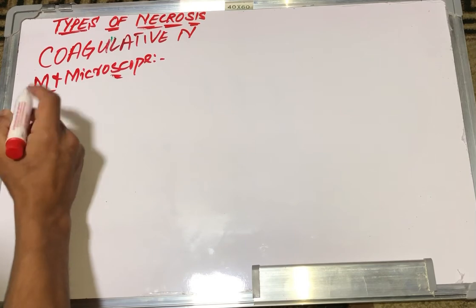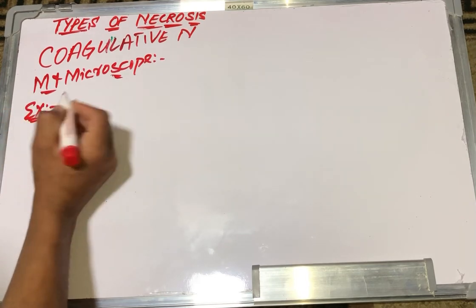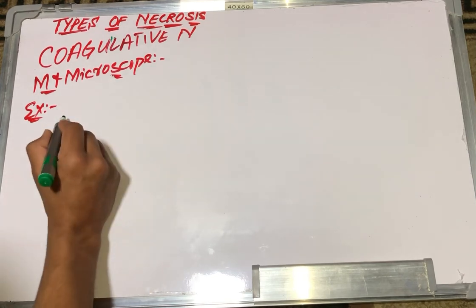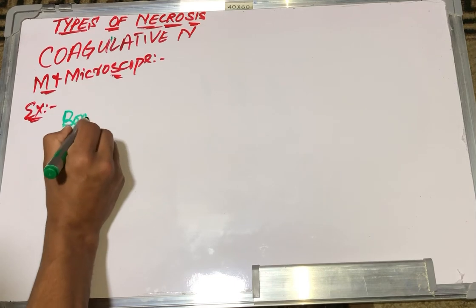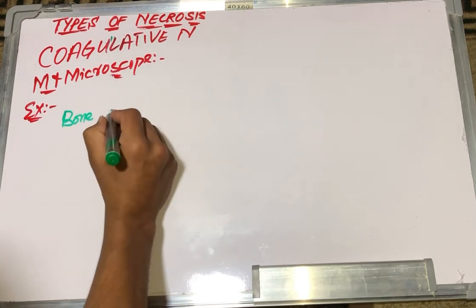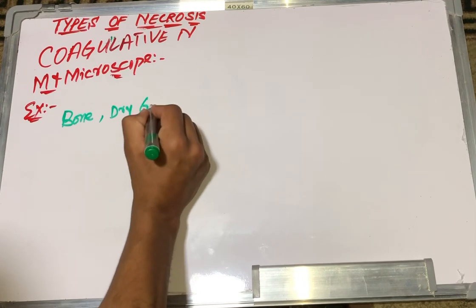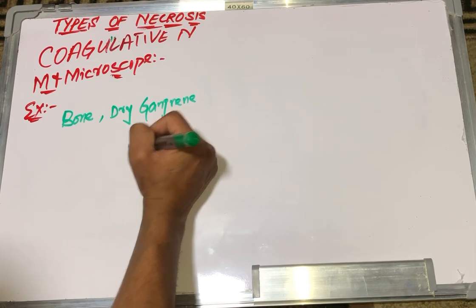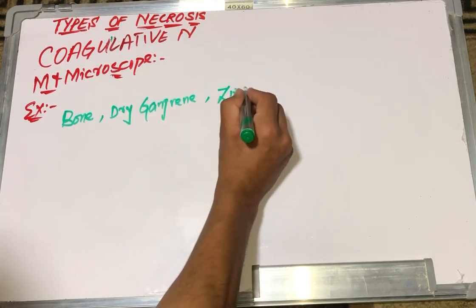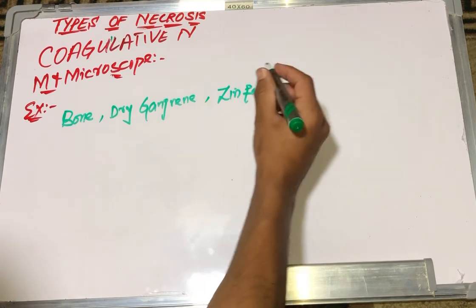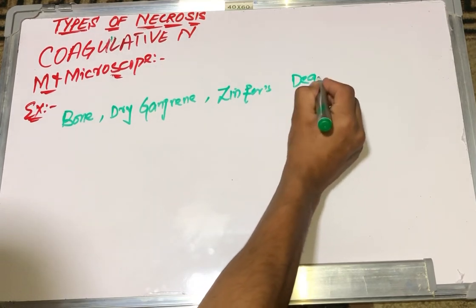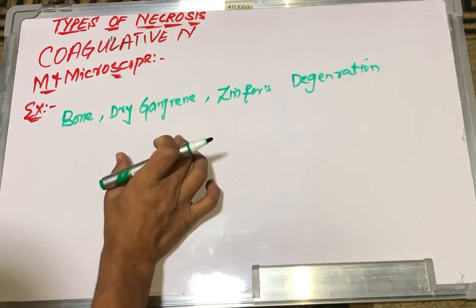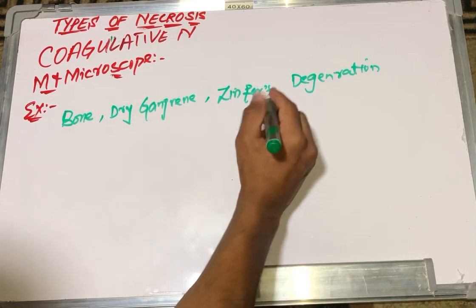Now we will discuss examples of where we can see coagulative necrosis. Coagulative necrosis may occur inside bone, dry gangrene, gangrene, and Zenker's degeneration.